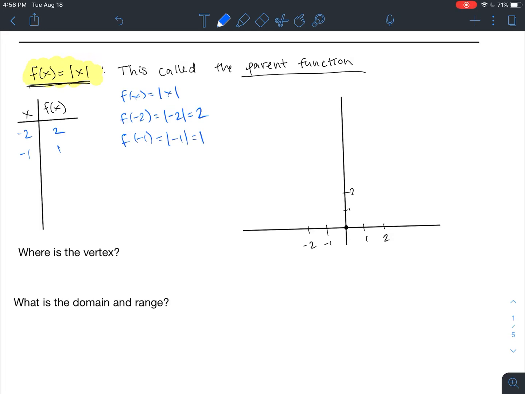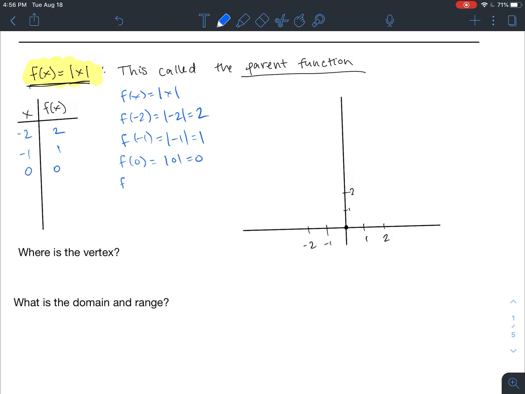So notice that anytime we input a negative value in here, we're just getting a positive value. So that's pretty cool. That's what an absolute value does. Now let's go ahead and do 0, which is equal to the absolute value of 0. Well, that's just 0.